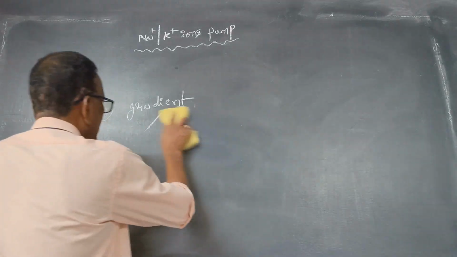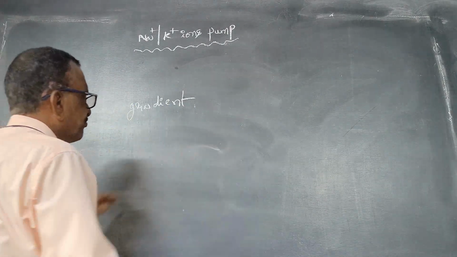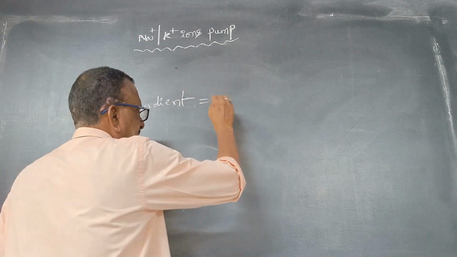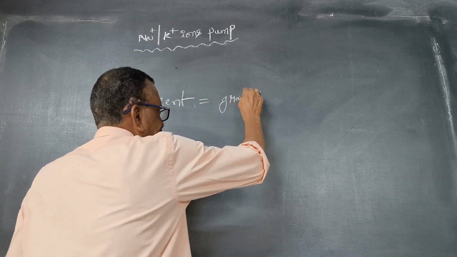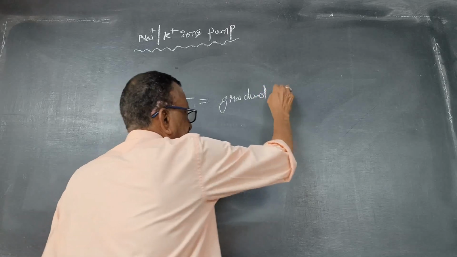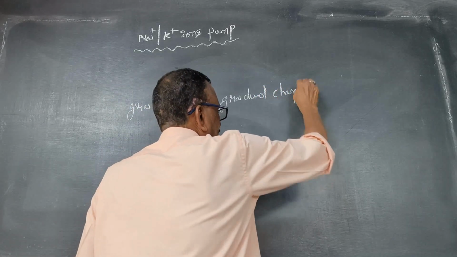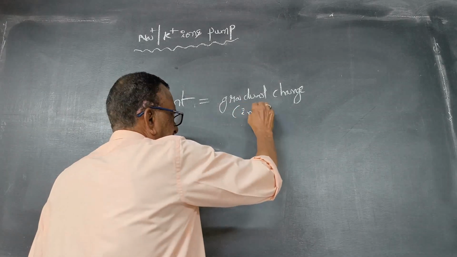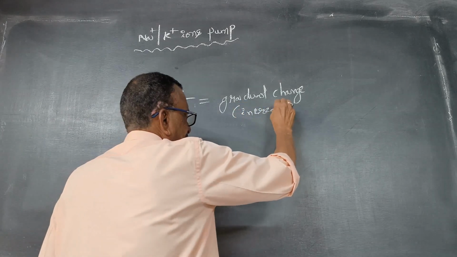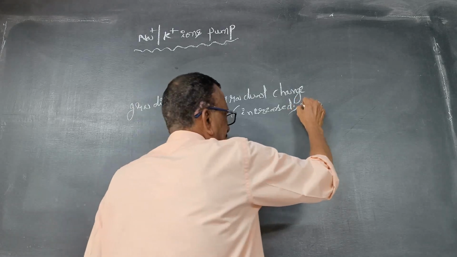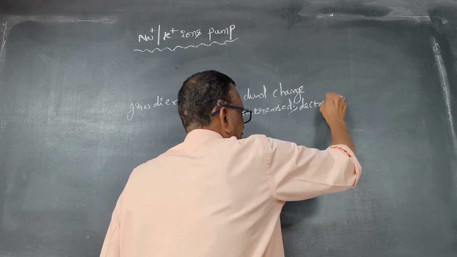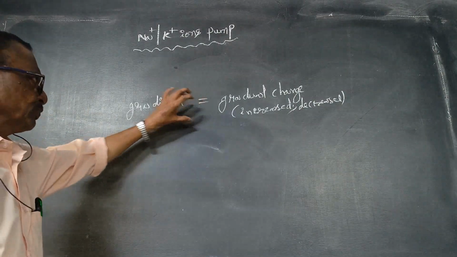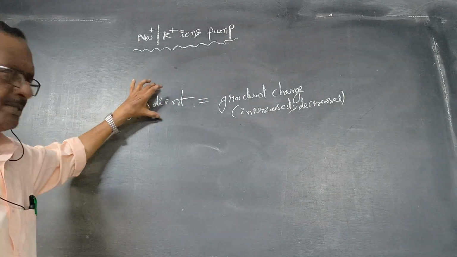Now first of all, let me give the meaning of this gradient. Gradient is nothing but a gradual change. This change may be either increased or decreased. So this constitutes a gradient.